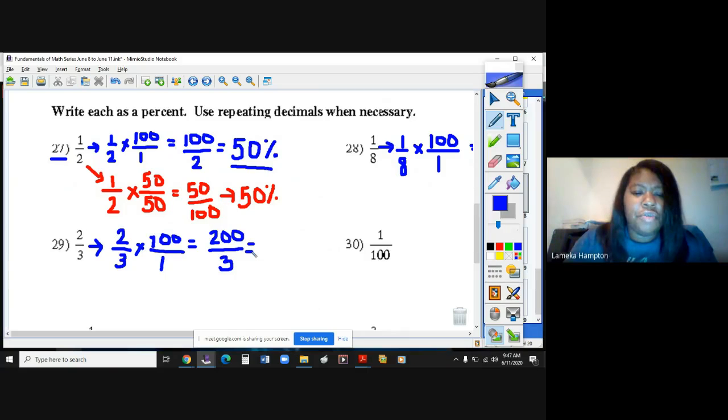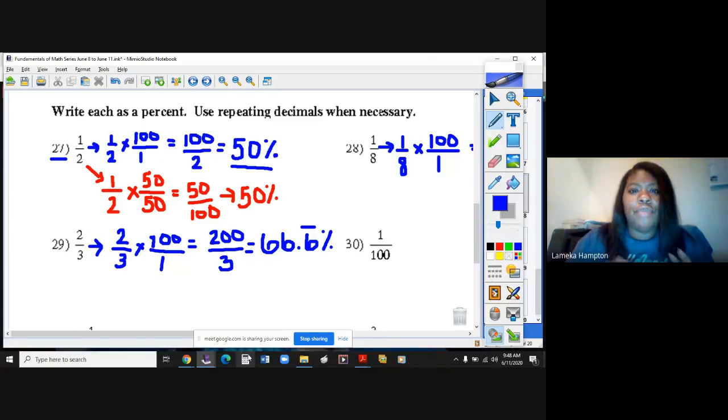Now, again, when I put 200 divided by 3 in my calculator, I know it's going to give me 66.6%. And of course, my 6 is going to be repeating.